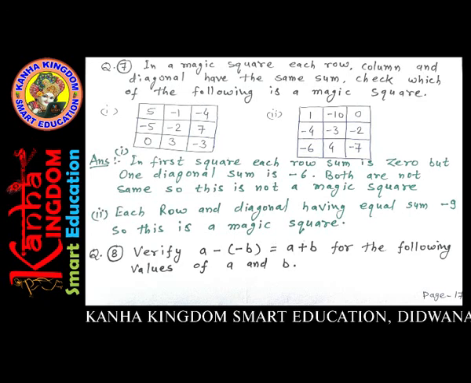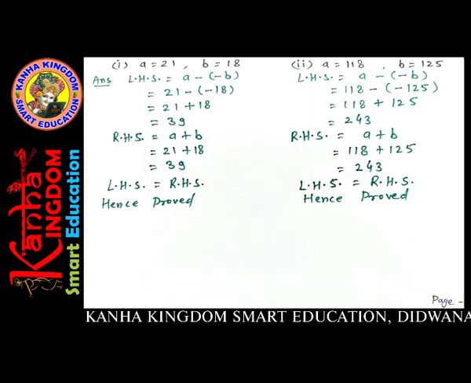Question number 8. Verify a minus b is equal to a plus b for the following values of a and b. First, a is equal to 21, b is equal to 18.